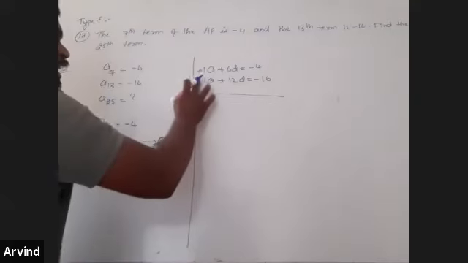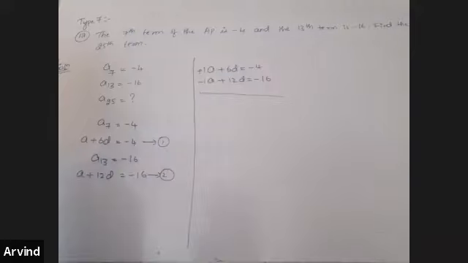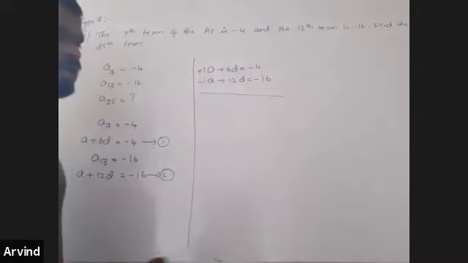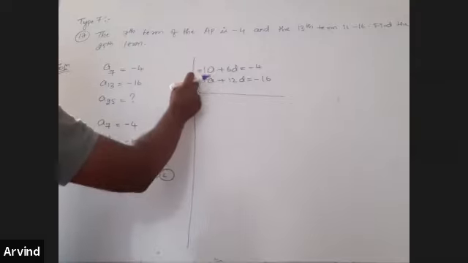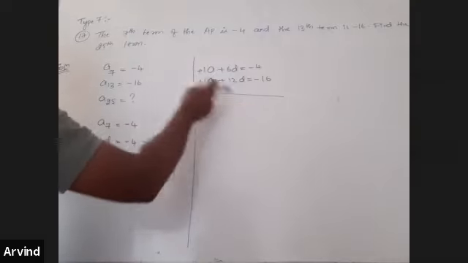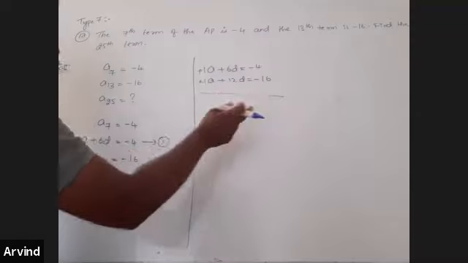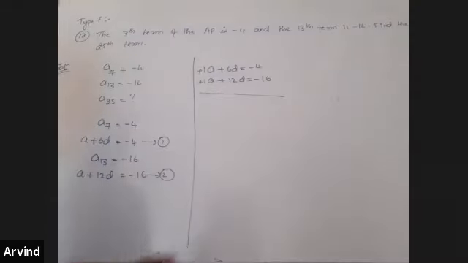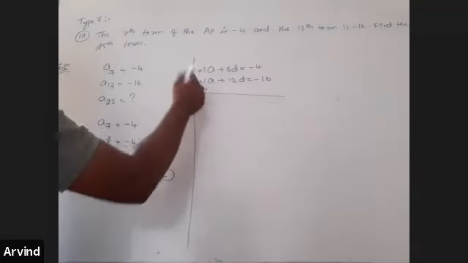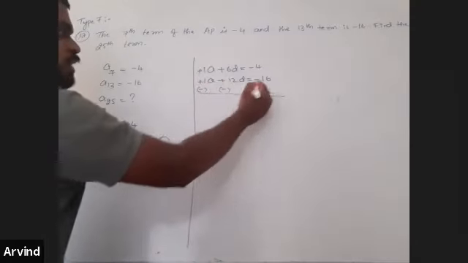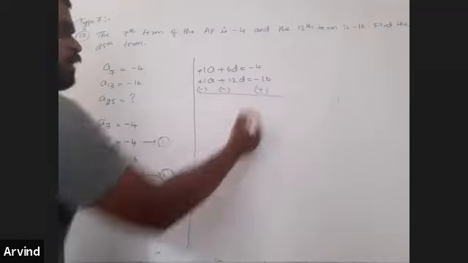For example, if one is positive 1 and the other is negative 1, you can proceed directly. You need not change the sign. But since both have got same sign, plus and plus, you have to change. Or minus and minus also, you have to change. Only when the signs are different, you don't change. So plus and plus, same sign, so change it. Plus will become minus, again this plus will become minus, this minus will become plus.